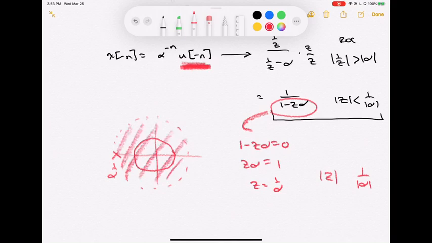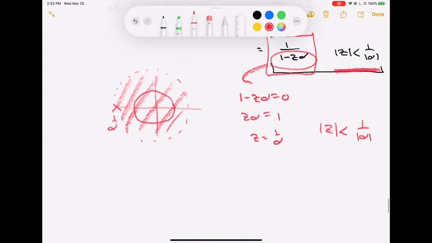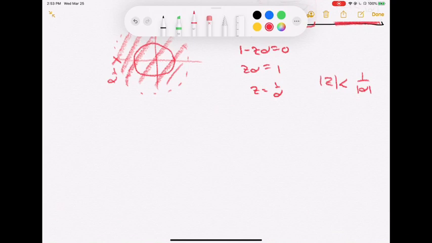So this is norm z less than 1 by norm alpha. So it's exactly as we would have expected based on this rational function for the transform. The fact that it has a pole at 1 by alpha, this region of convergence definitely can't include that location, and we know it has to point inside, so it's a disk, reflective of the fact that I have a left-sided signal.